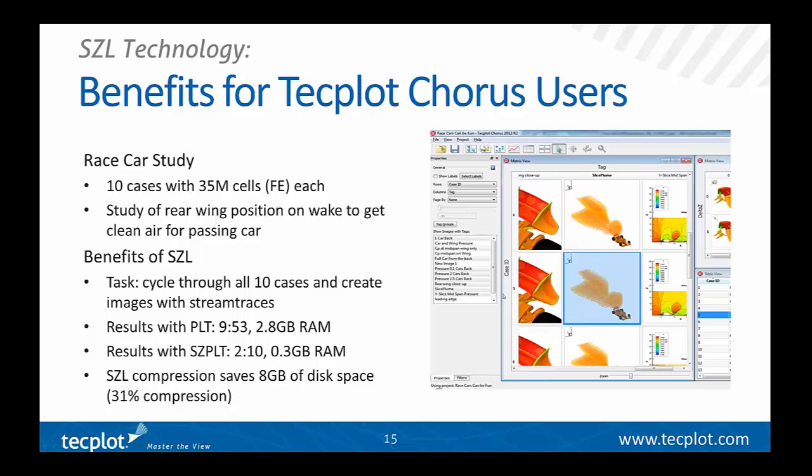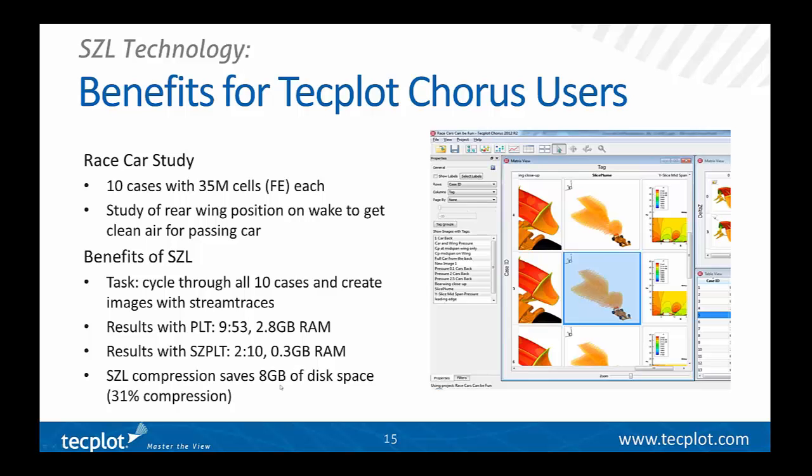Those are not shown here, but we've done that and done the measurements on the performance. The result with PLT files, which is our older file format, was nearly 10 minutes and nearly 3 gigabytes of RAM. Now, if you use our new Sizzle technology, it's around 2 minutes. It's a factor of 5 faster and much less memory. It's 0.3 gigabytes of RAM.